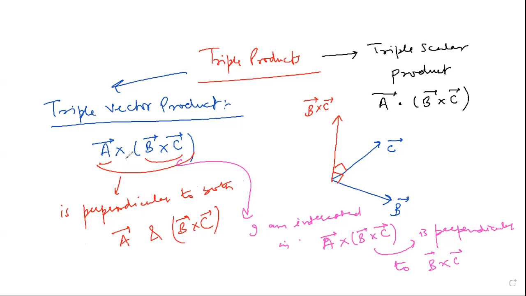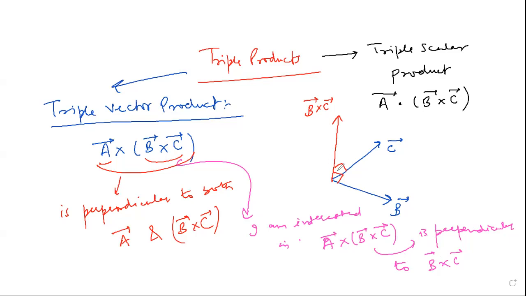So it's true that A cross B cross C is perpendicular to both A and B cross C. Now I'm taking this piece of the result, that A cross B cross C is perpendicular to B cross C.